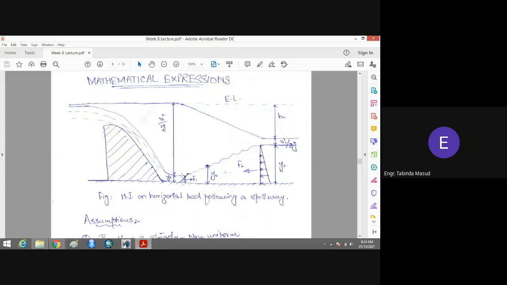The high velocity of flow gets a sudden break, due to which the hydraulic jump occurs, and after this the depth of the flow increases. So you can see that this is y1. y1 is the depth of the flow before hydraulic jump, and y2 is the depth of the flow after hydraulic jump. So there is an abrupt change in the depth of the flow for a very small horizontal distance.